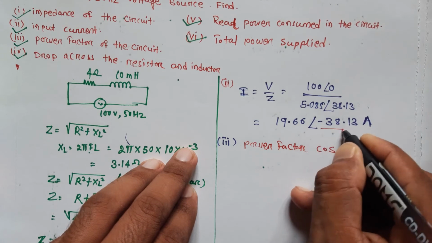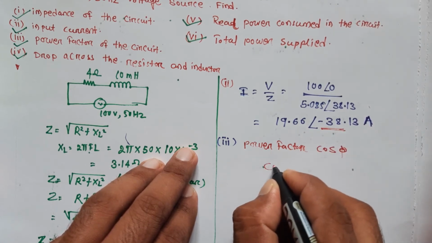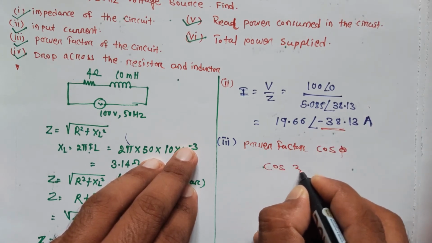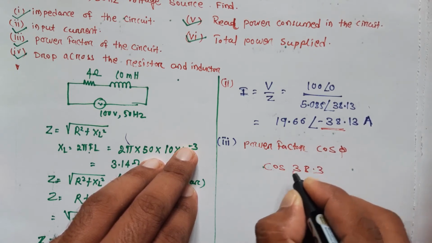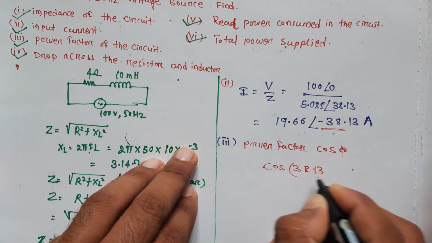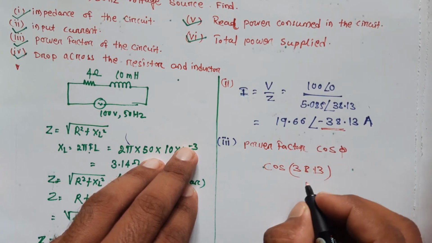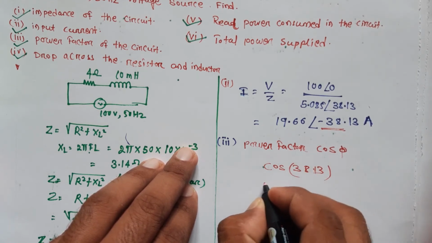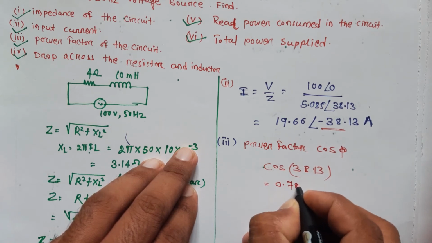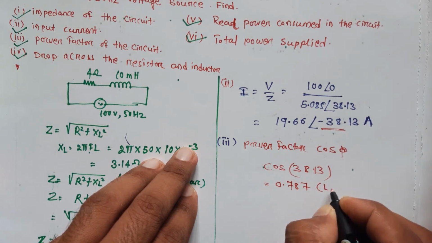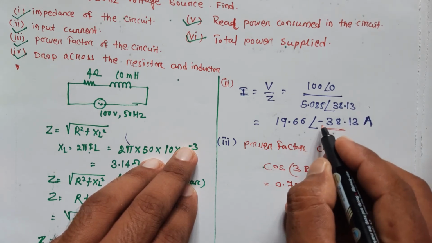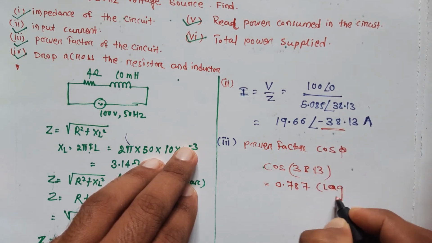Here phi is 38.13 degrees, so cos 38.13. No minus is mentioned here. So we got 0.7877, which is lagging in nature because the angle is negative.